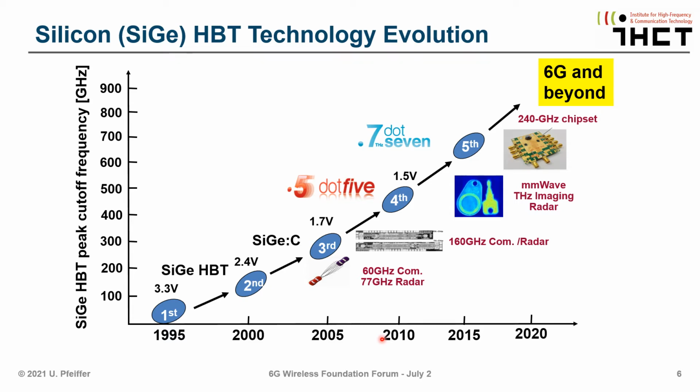So it is expected that this can be further improved. There are some device modeling and device performance simulations that have shown that you could even go up to a cutoff frequency beyond 1 terahertz with these devices. So there's a lot of room for improvements, and of course, therefore, we are quite excited about that technology option.